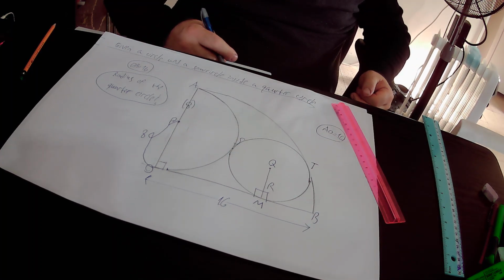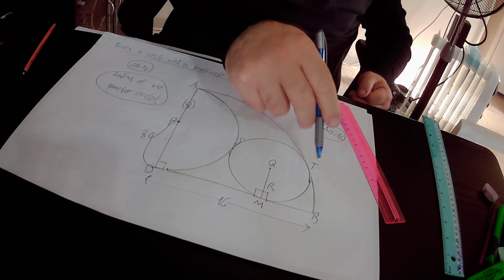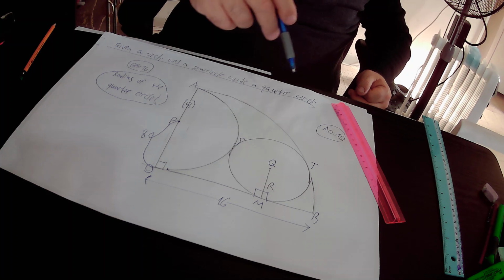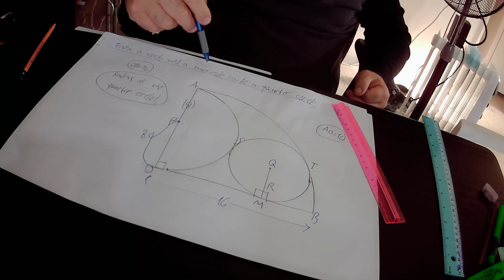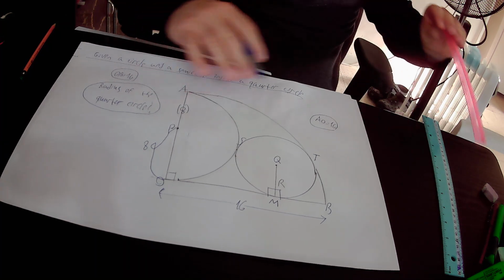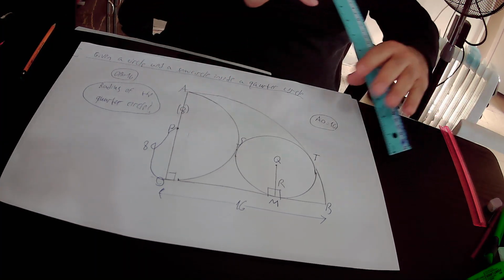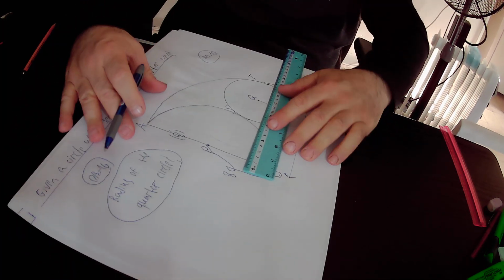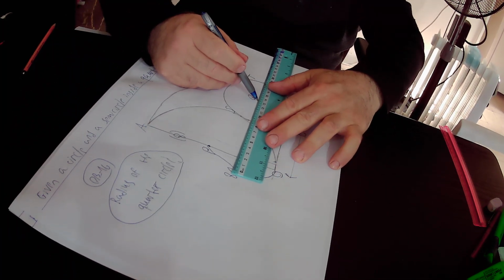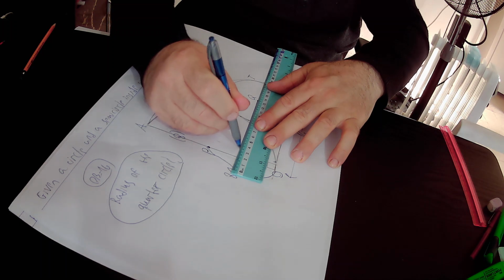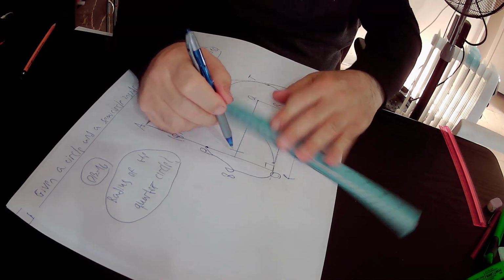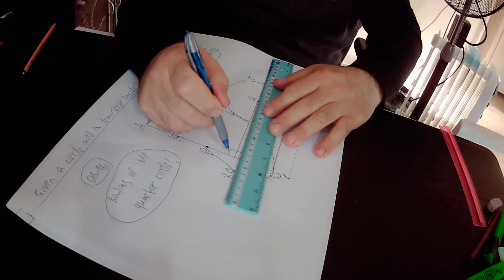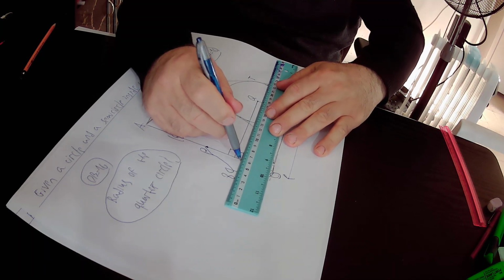In the next step, we will do a construction, that is to say, from point Q, that is the center of this small circle, we will draw a perpendicular on AO. Again, from point Q, we will draw a perpendicular on AO. So actually, this angle equals 90 degrees, and this angle also equals 90 degrees according to our construction.